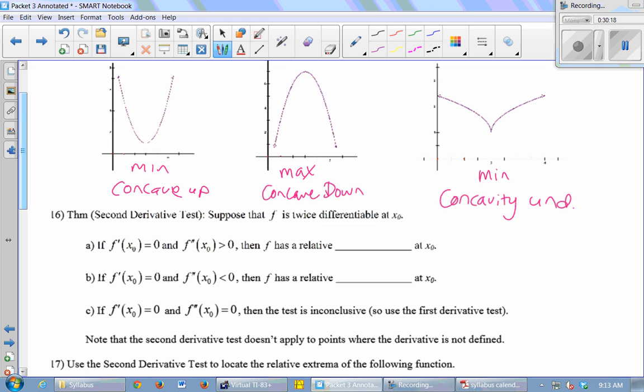Yeah, then it's going to have a minimum. If you have f prime equals 0, so this is a horizontal tangent line, and f double prime positive, that means concave up, then you're going to have a min, like in this first picture. So this is a horizontal tangent line, and this is concave up.